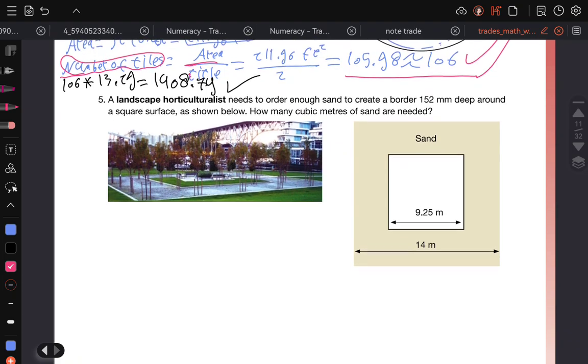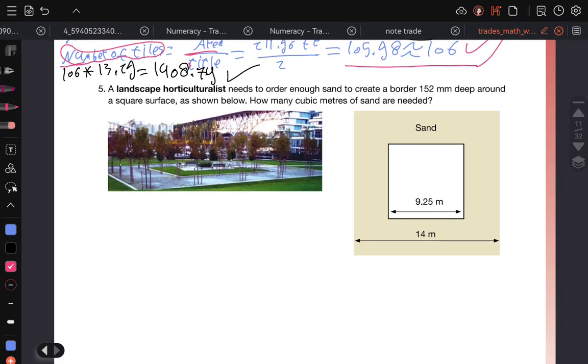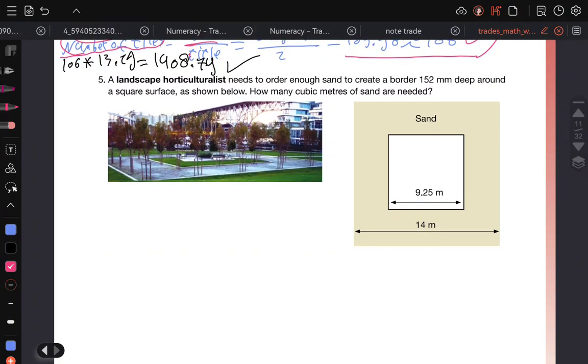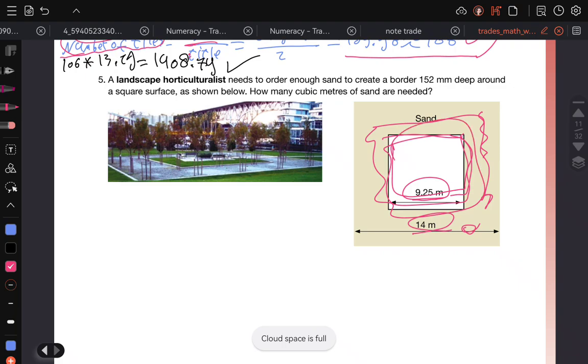The sand border is 152 millimeter deep with an outer square of 14, which is this one, and the inner square is 9.25. This is outer, and this one is inner, which is the inside, and the sand is outside.